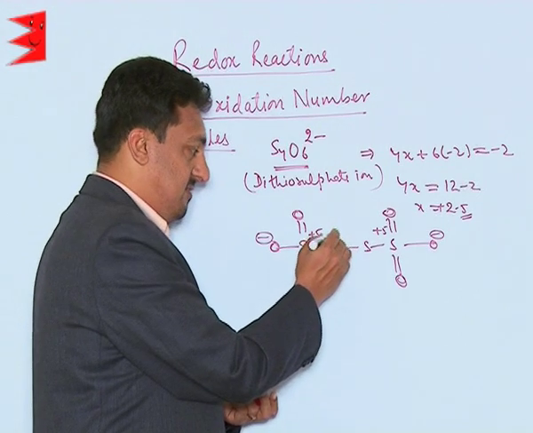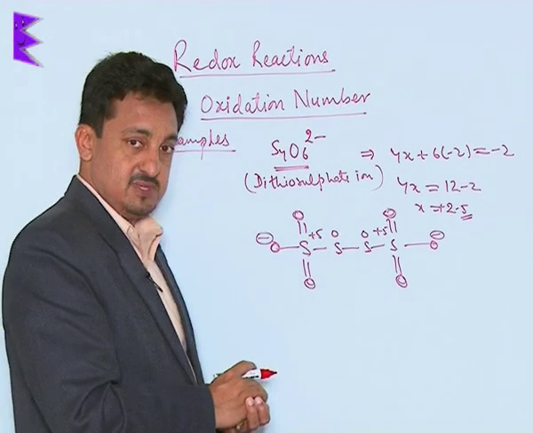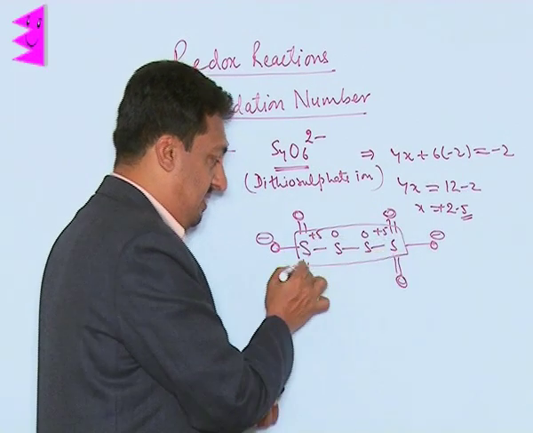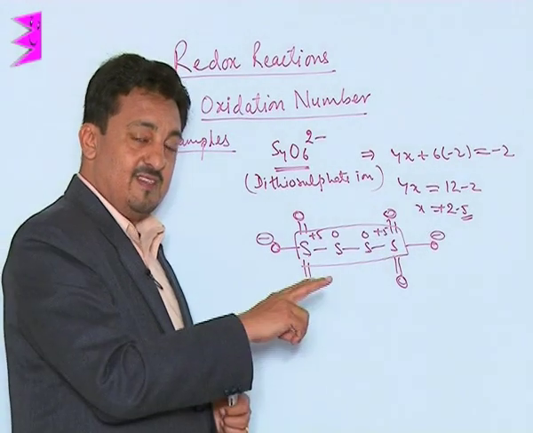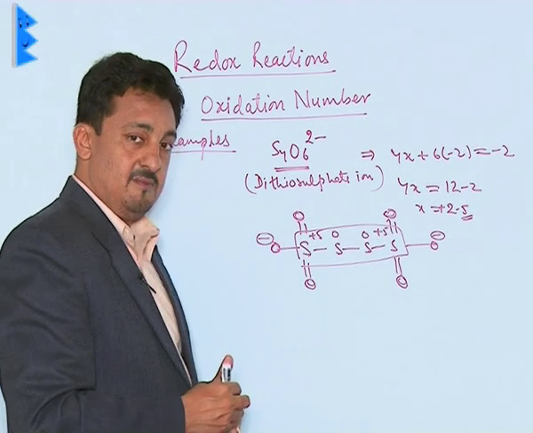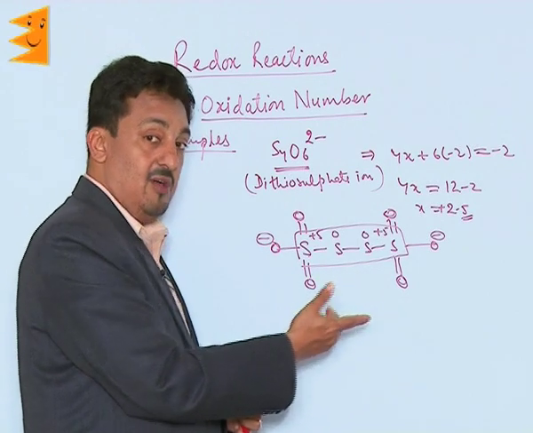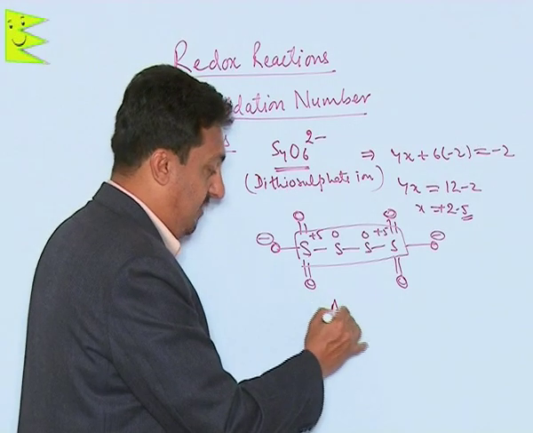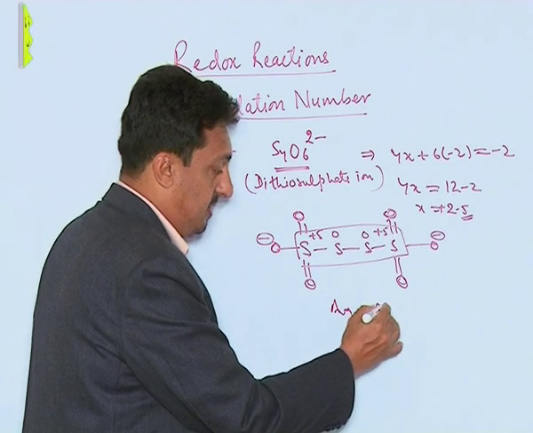So they are present in the 0, 0 oxidation numbers. So we actually have 4 sulfur atoms: 2 existing in the +5 oxidation number and 2 existing in the 0 oxidation number, which can also be called their oxidation states. But when we take the average, it comes out to be 2.5.